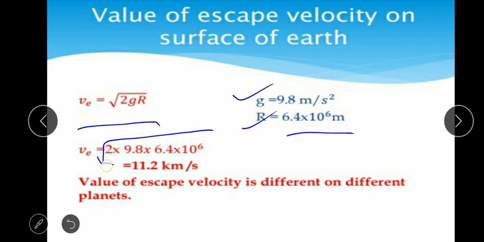Now when we solve, we'll get 11.2 kilometer per second, students. The value of escape velocity is different on different planets. On earth it is 11.2 kilometer per second. So this is about the escape velocity, students.